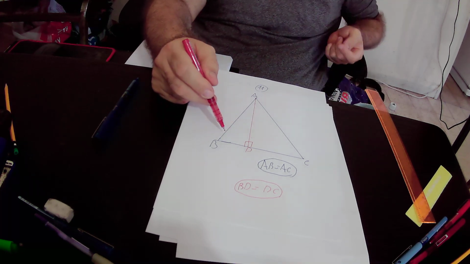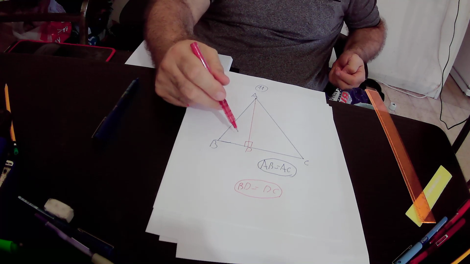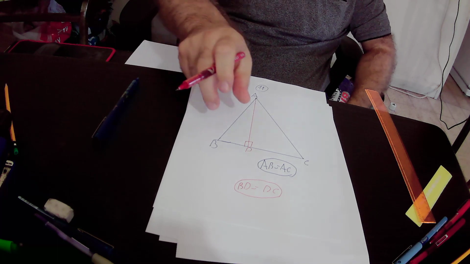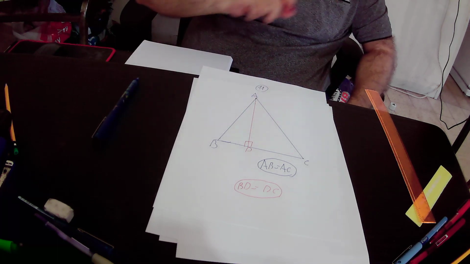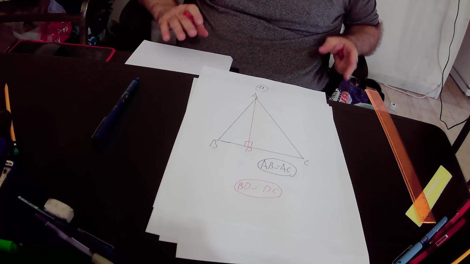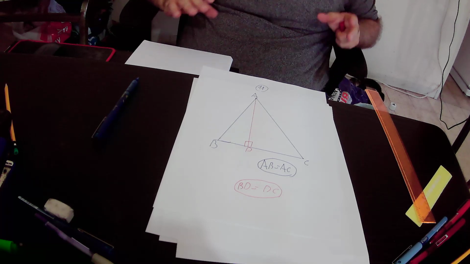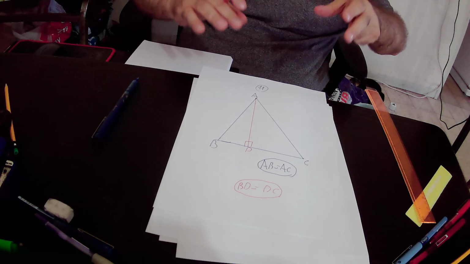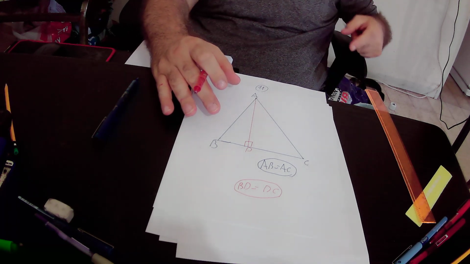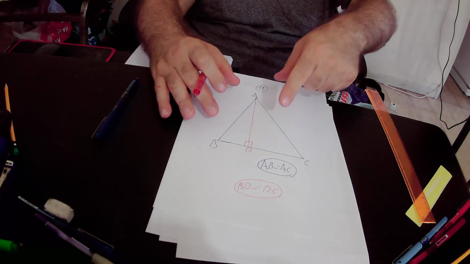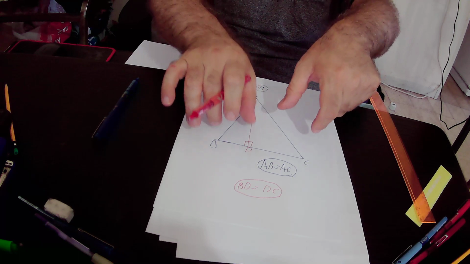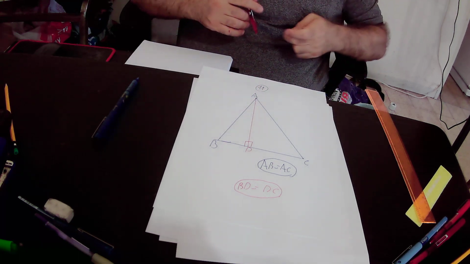Then that perpendicular divides the base BC into two equal parts, that is to say BD equals DC. Whenever you draw a perpendicular to the base of an isosceles triangle, it divides the base into two equal parts.